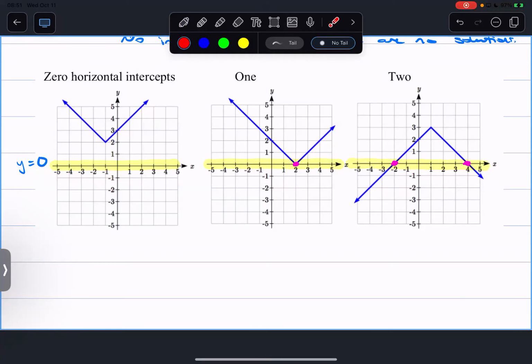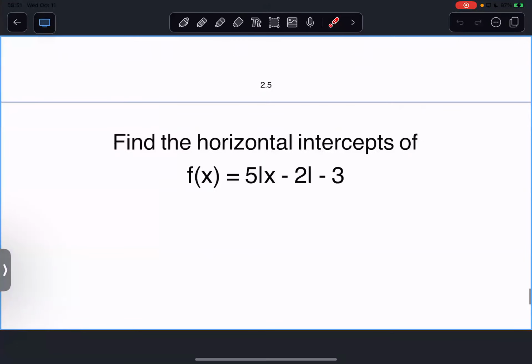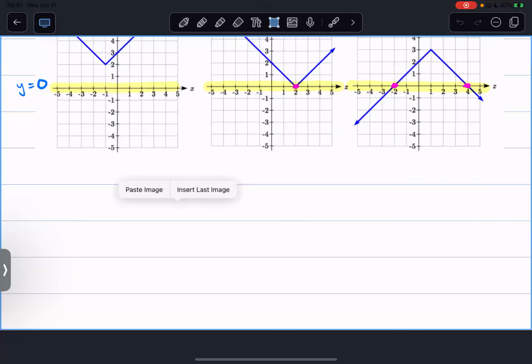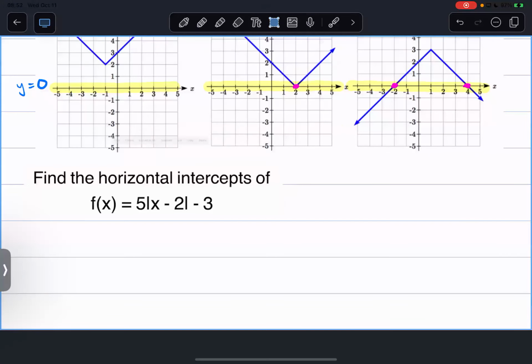And so let's do an example. We want to find the horizontal intercepts of 5 times the absolute value of x minus 2, minus 3. A multiplier of 5.